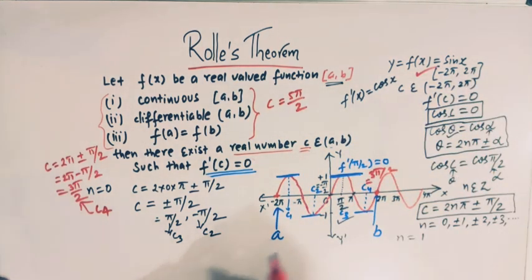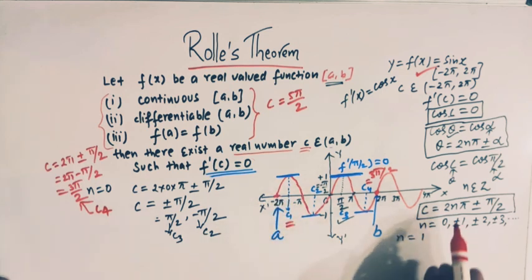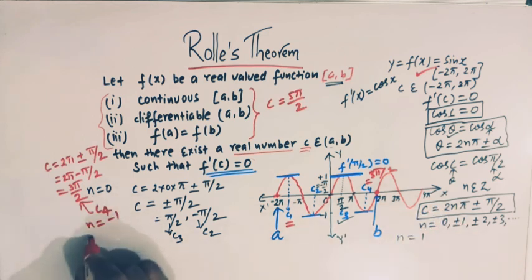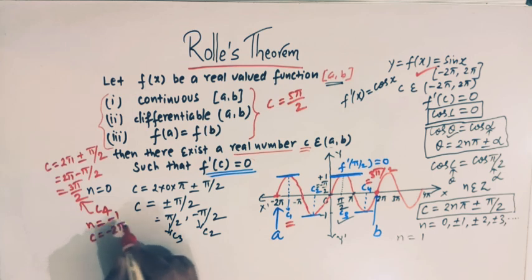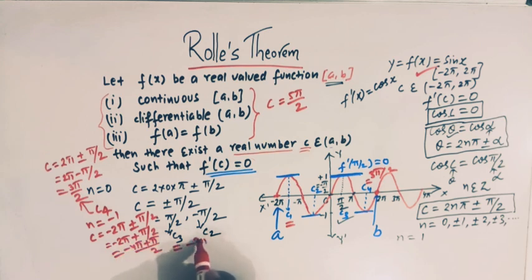Okay, so now we have to find the value of c1. So for c1, what we will do, we'll take the value of n as minus 1. So here we have c is equal to minus 2 pi plus minus pi by 2, and taking the positive sign here, we have minus 2 pi plus pi by 2, and this is minus 4 pi plus pi by 2, that is equal to minus 3 pi by 2.